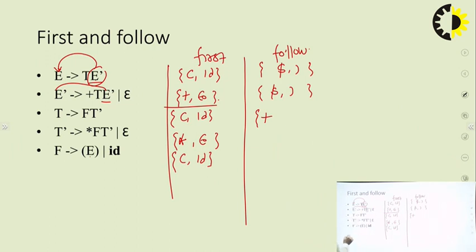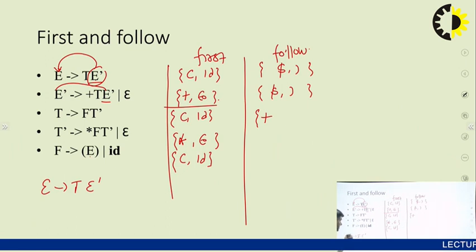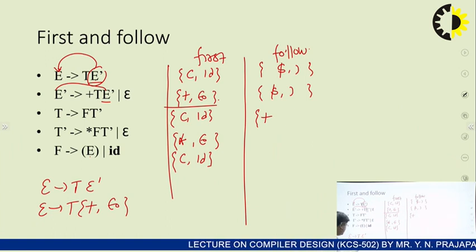We simply write down here T plus E dash. And what is the follow of T? That is the first of E dash. It means plus and epsilon. The follow of T is equal to plus.